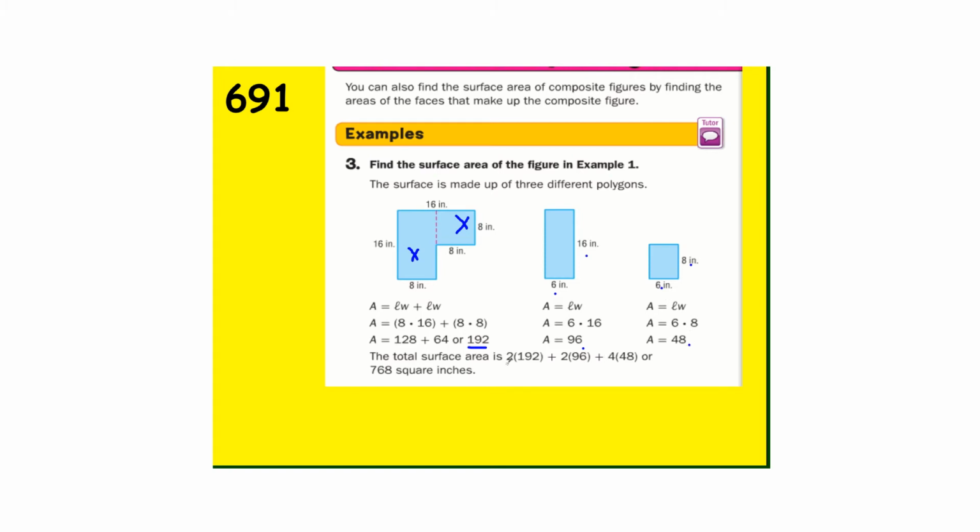Add them together, and then there's two of these pieces. There's 2 of these pieces, and then if you look, there's 4 of those pieces. So the total answer is 768. So take a look and make sure that you see that there's 4 of those, 2 of those, and 2 of those.